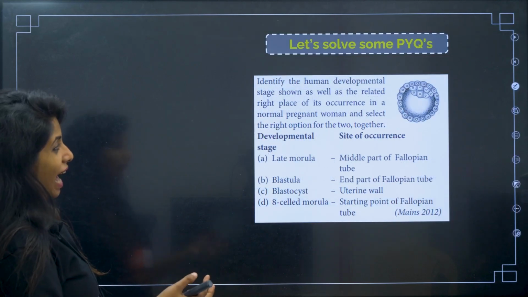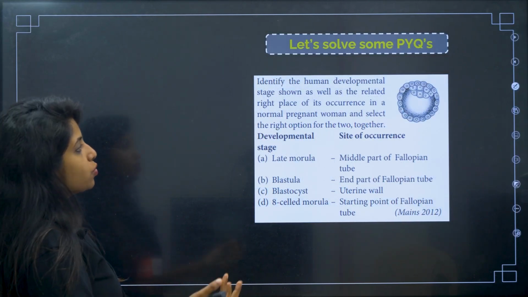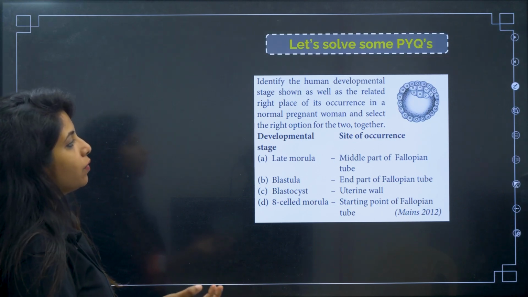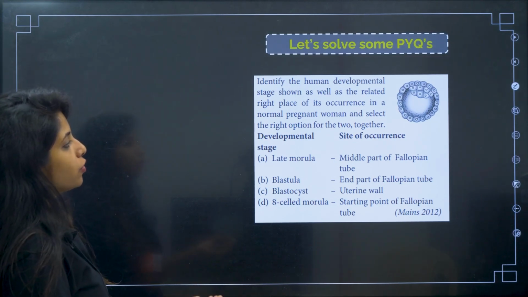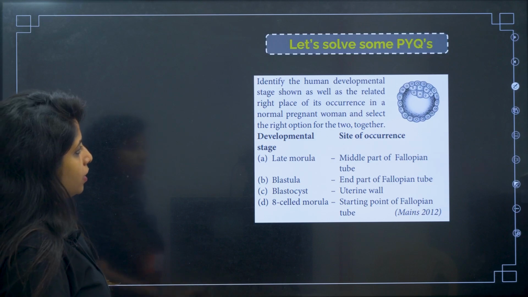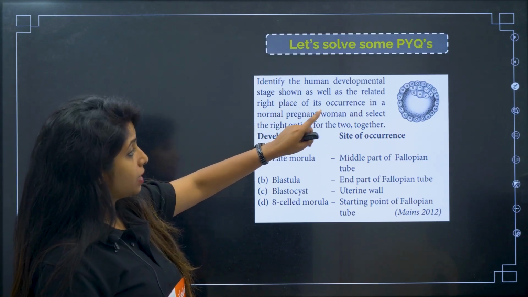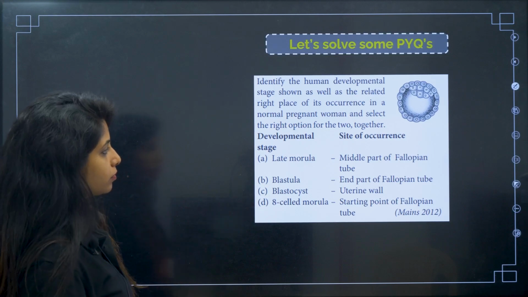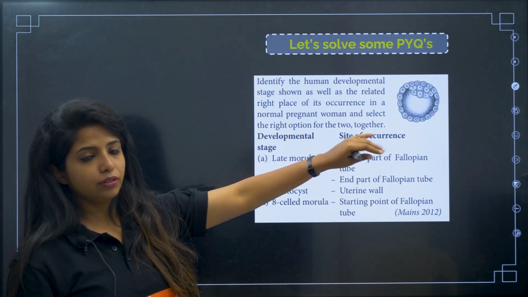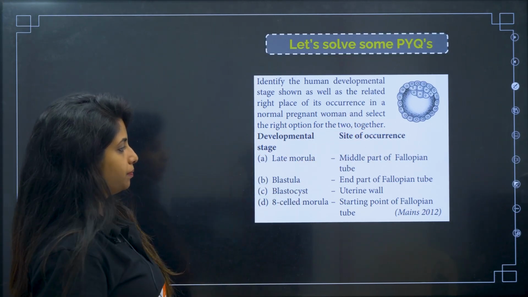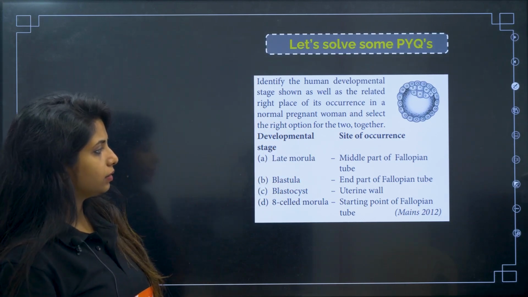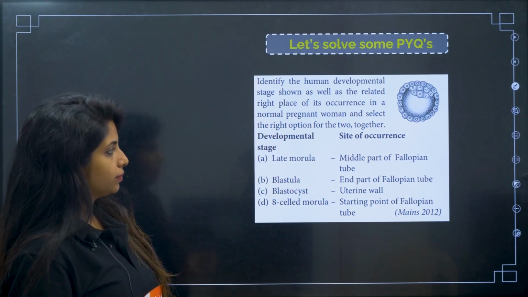Now, identify the human developmental stage shown as well as the related right place of its occurrence in a normal pregnant woman, and select the right option for the two together. Developmental stage and site of occurrence. Late morula, blastula, blastocyst, morula. Where is it?